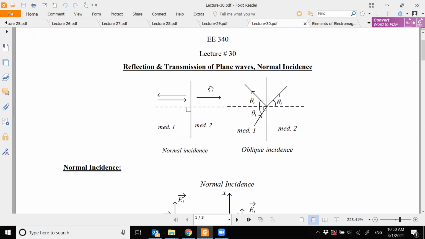When it hits an interface, that means it moves from one medium to another medium. What will happen to the electromagnetic wave? That we will see in the next class, because there will be a change in the medium and the boundary conditions apply. What do these boundary conditions do to the amplitude of my electromagnetic wave? Logically, there will be some transmission and some reflection. We will see that in the next class.